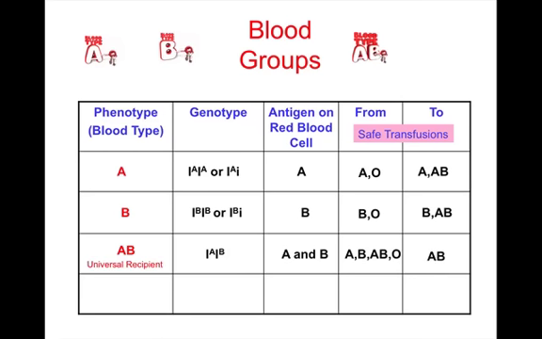So if you have type AB blood, you are considered a universal recipient, which means that you can receive blood from anybody.